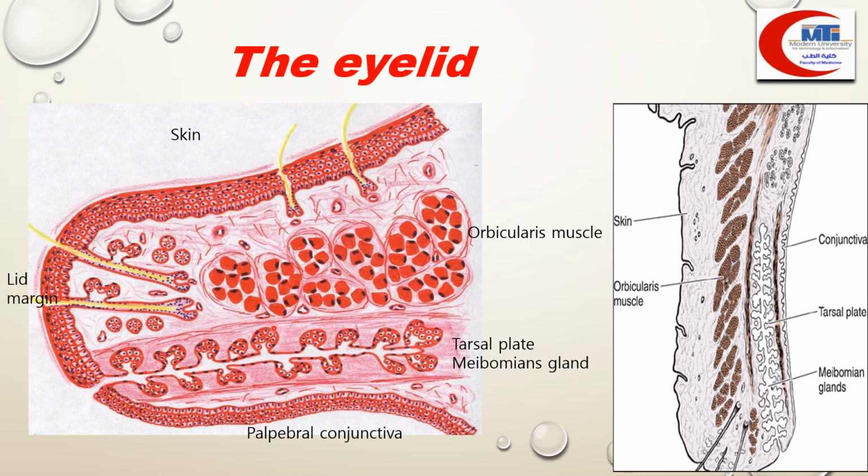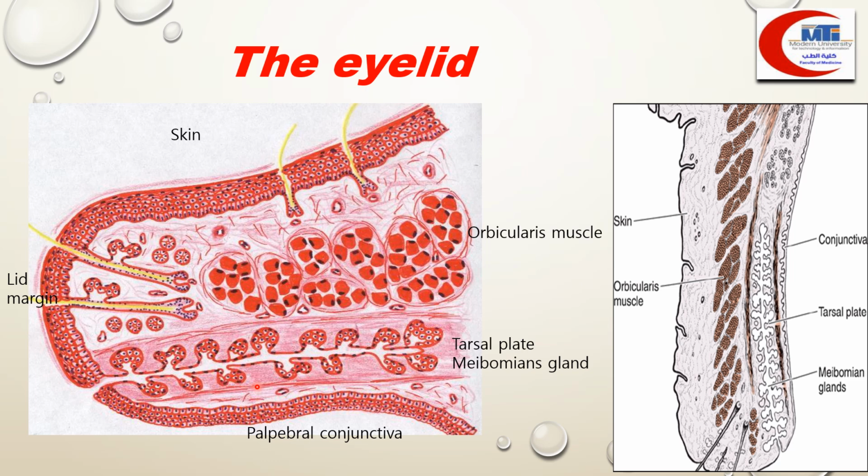The orbicularis oculi is a skeletal muscle that surrounds the eye. Then the tarsal plate. This is a tarsal plate. It is a dense connective tissue containing meibomian glands. These are the meibomian glands.